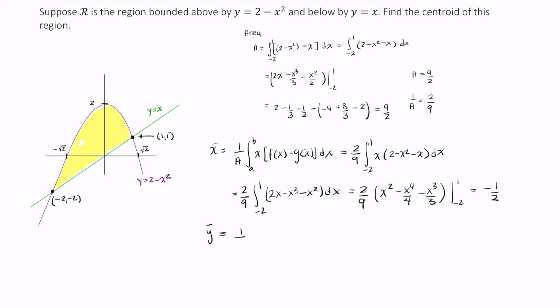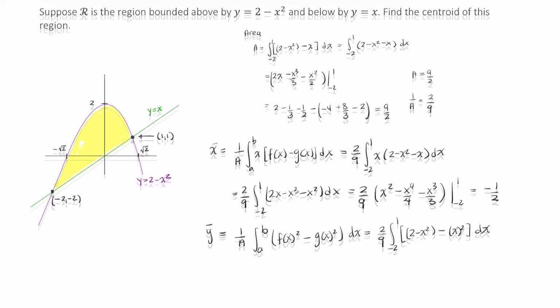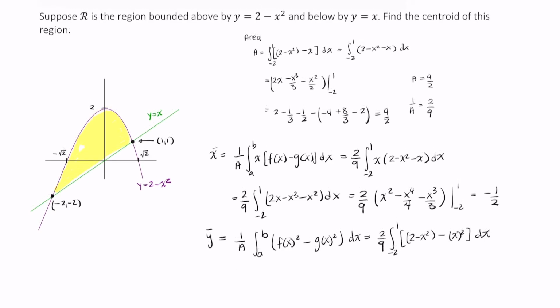So for y bar, we're going to take a similar approach here, but we're going to start with 1 over A, which we've already worked out, and this is the integral from a to b of f of x squared minus g of x squared dx. So this is 2 over 9 times the integral from -2 to 1. Our f function is the upper function, so this is 2 minus x squared, squared, minus the lower function, which is just x squared dx. So I'll work out just a little bit more of this algebraically.